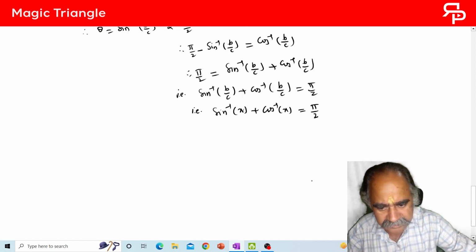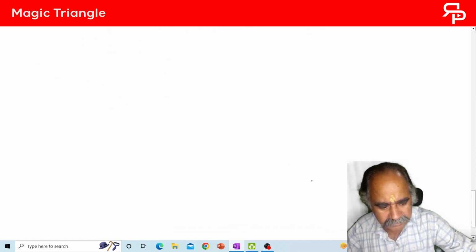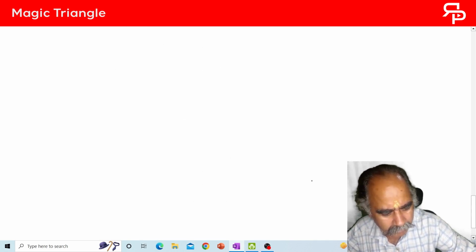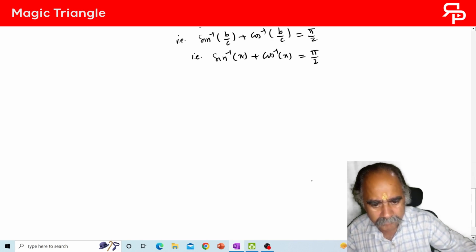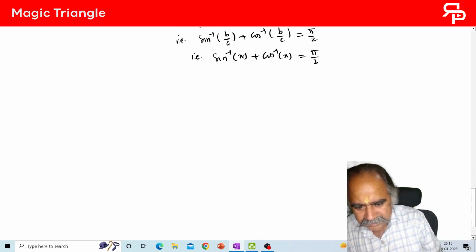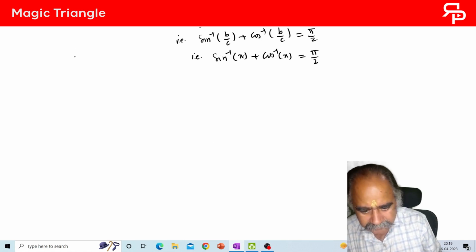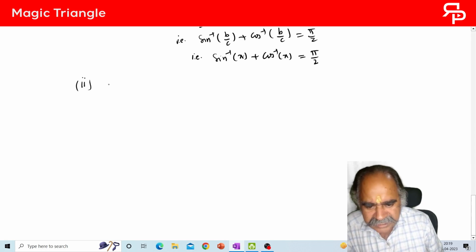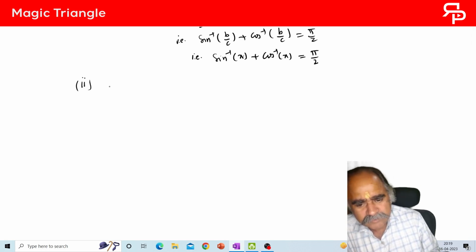Let me shift the page. Then the second set of formulas is what? In the same category, tan inverse x plus cot inverse x is what?